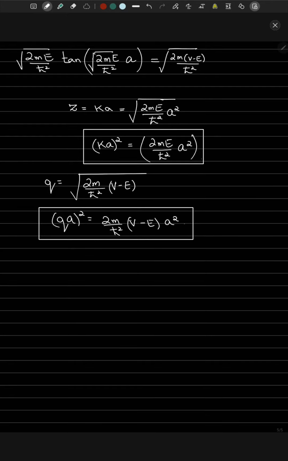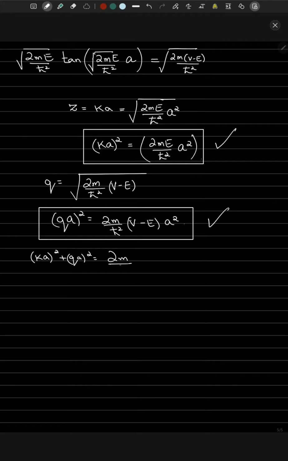Now, what I'm going to do is add both of these equations together. And what I get is (ka) whole squared plus (qa) whole squared is equal to, if you add these two things, 2m over h-bar squared times a squared is constant, so that would survive.